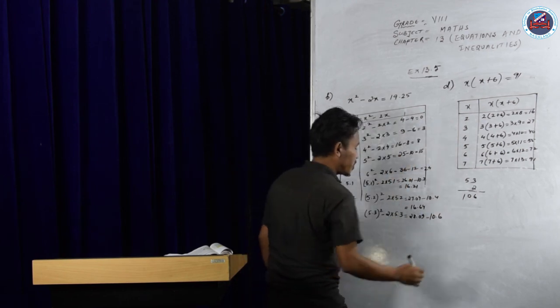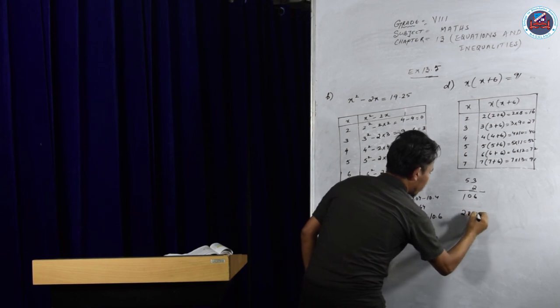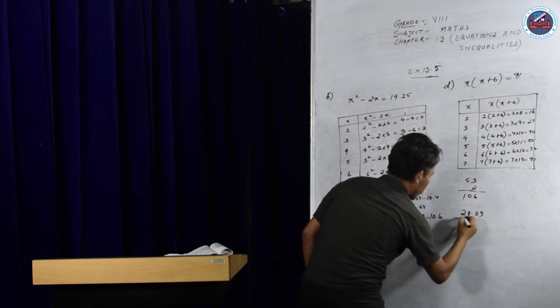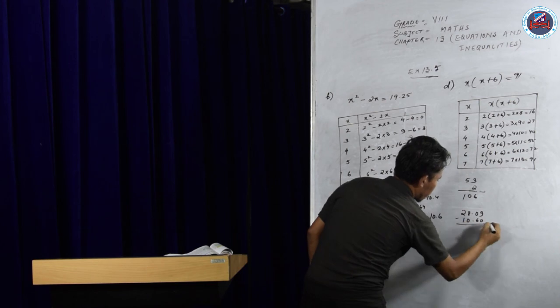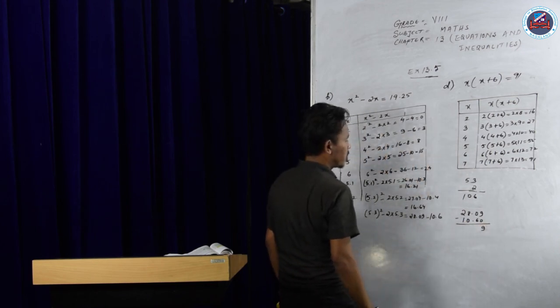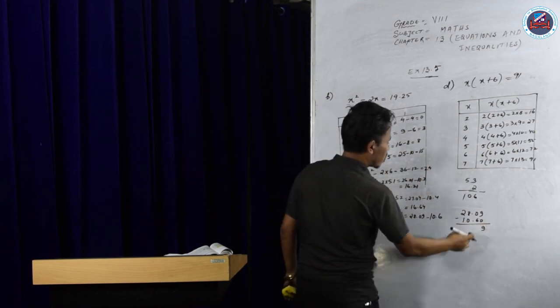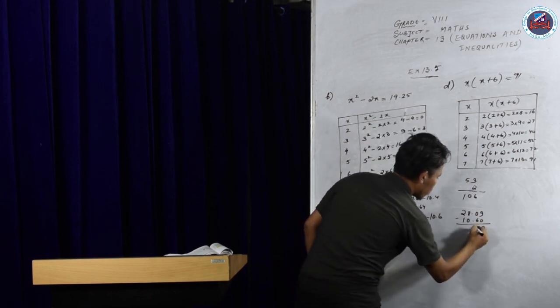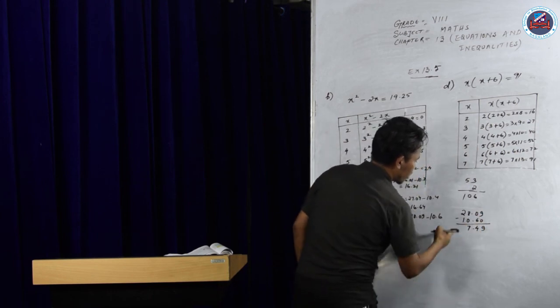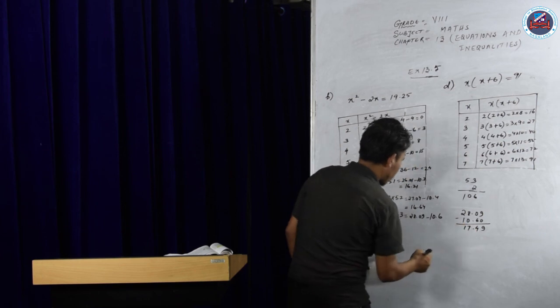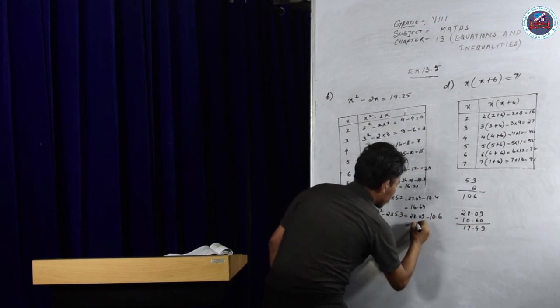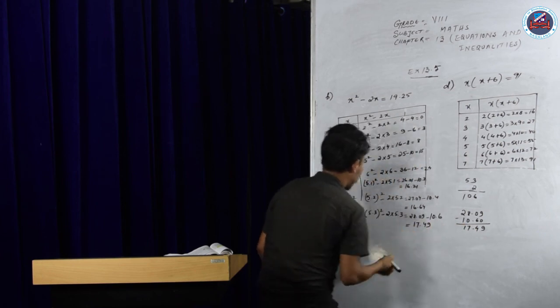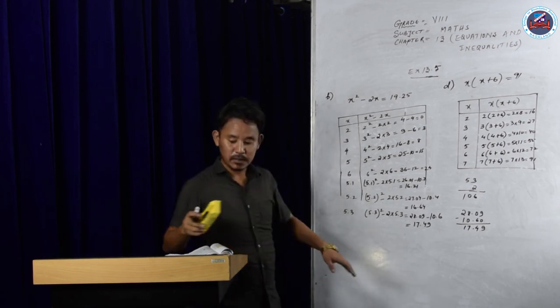So let's subtract it: 28.09 minus 10.6. We are nearing the answer. It is 17.49.